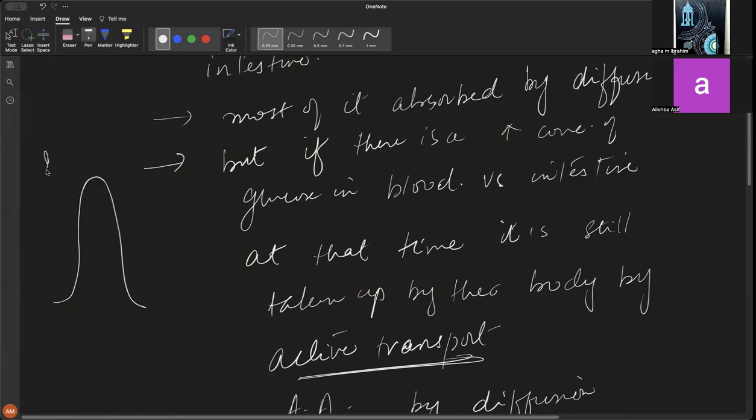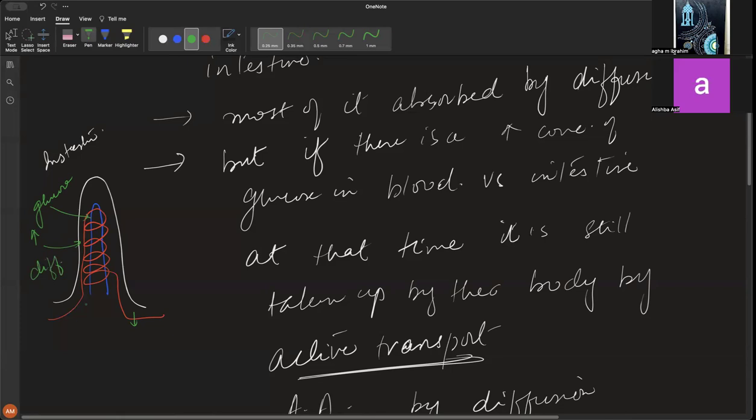This part is going to be the intestine, and this is the lacteal inside the villus. This is the blood capillary. So most of the glucose over here is in high concentration, and inside it is of low concentration. So most of the glucose is absorbed by diffusion.